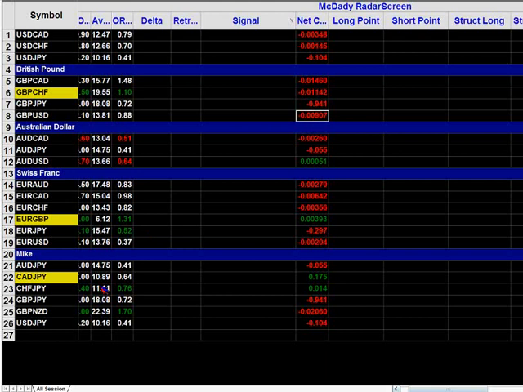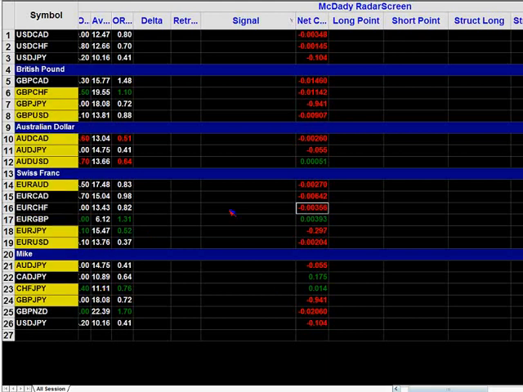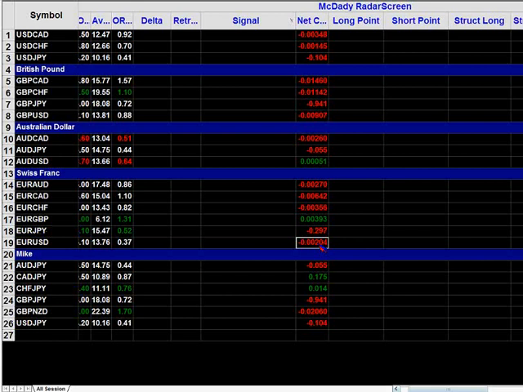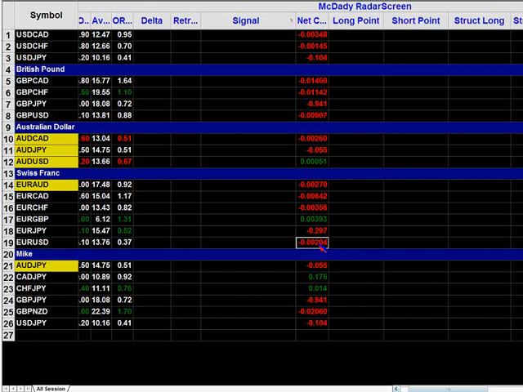Now you come back down, let's say, to the euro. These are the euro pairs. And you can see that the euro Aussie is 27 pips. The euro CAD is about 60. The euro Swiss 36. And the euro yen is 20. So you can see that the average move in the euro is about 20 pips.